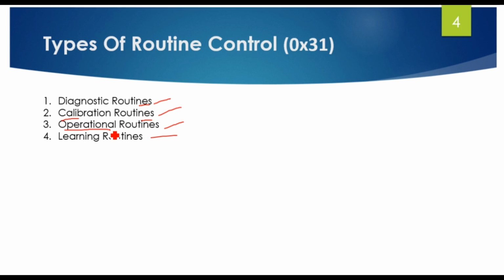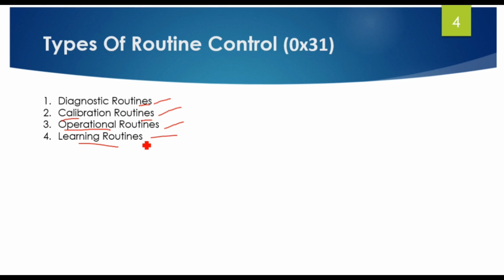And the third one is operational routines. In operational routines, it triggers specific system actions or behaviors. An example of an operational routine is performing diesel particulate filter DPF regeneration. And then learning routines. Learning routines adapt the system to new conditions or components.